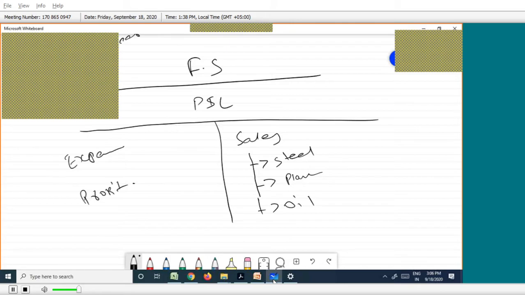Just share your views. Business-wise: steel business, separate sales; plastic business, separate sales; oil business, separate sales. Expenses: how much spent for steel, separate expenses; plastic, separate expenses.